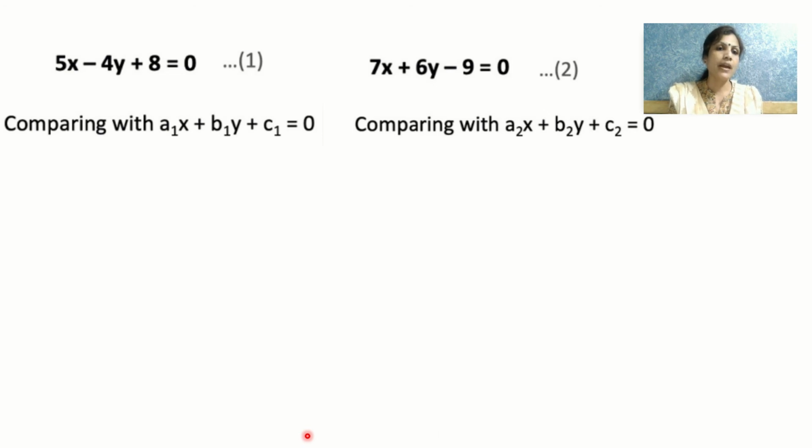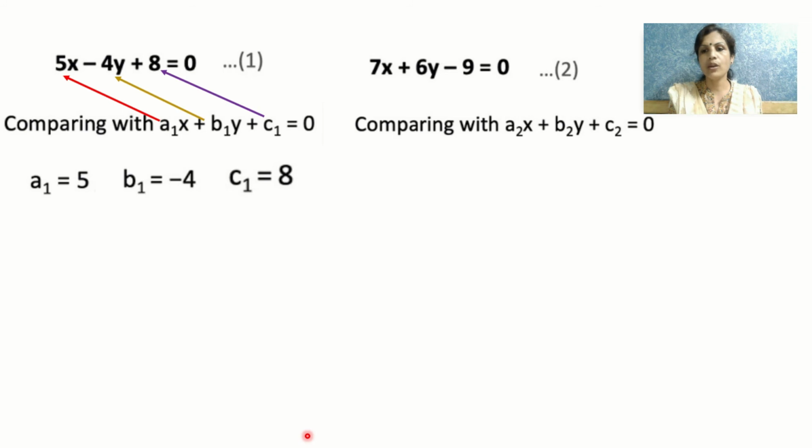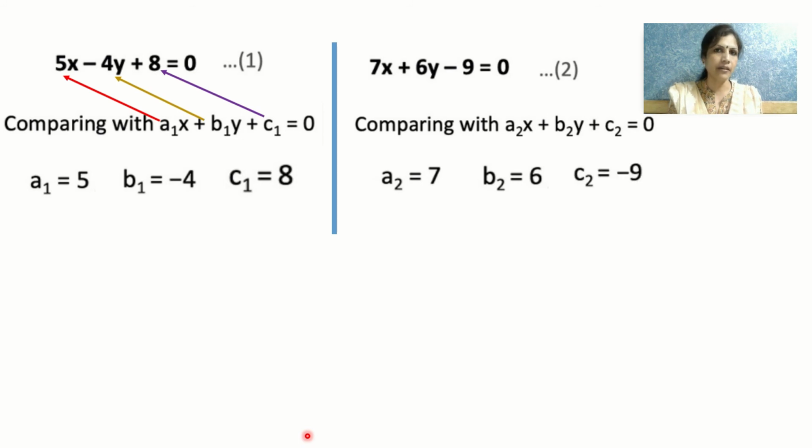If you compare equation 1 with its standard form, we get the value of A1 as 5, B1 as -4 and C1 as 8. In the same manner, for equation 2, we'll get A2 is equal to 7, B2 as 6 and C2 as -9.